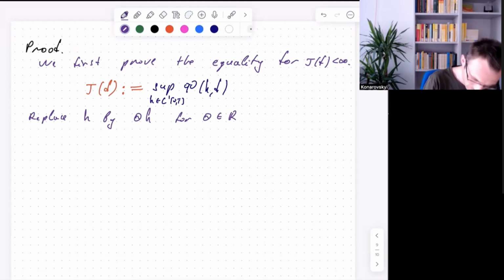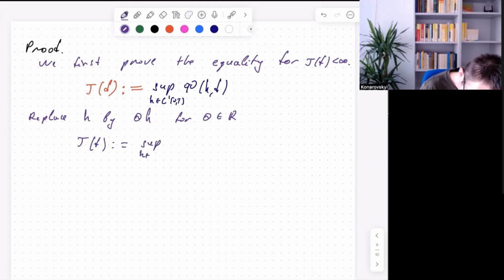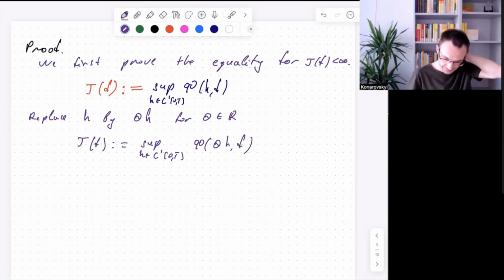So when you replace h by theta h, nothing changes in the supremum, because the domain over which you compute the supremum is not changed. So we have j of f is equal to the supremum over h belonging to C1, 0t, of the expression with theta h and f.